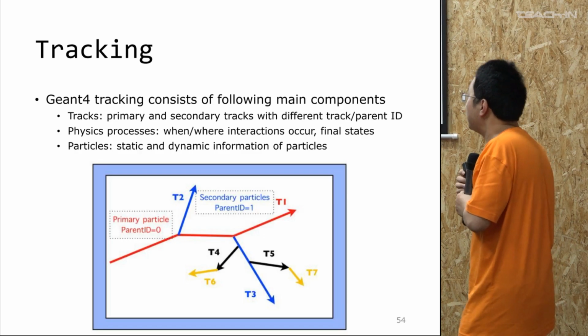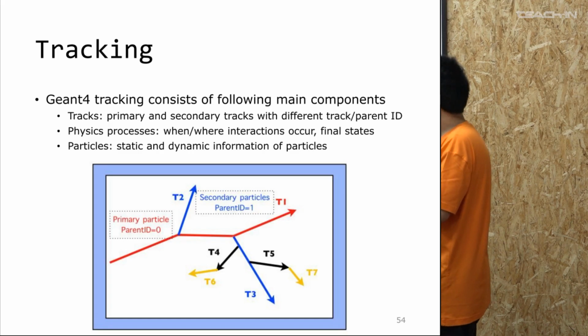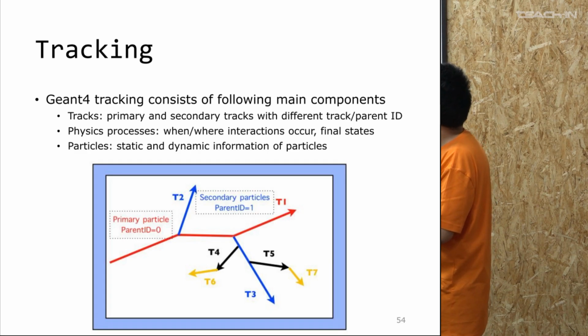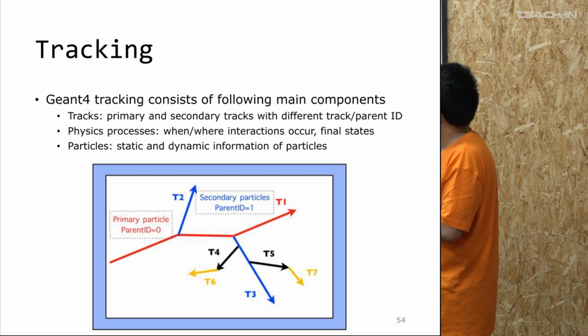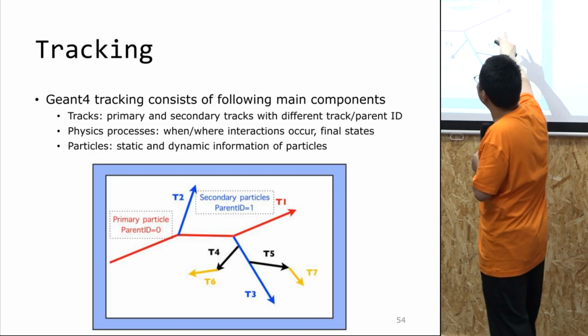Okay, so first I think in Geant4 you need to understand how it works. Geant4 has several main components during this tracking. The first is the so-called tracks. As you see in this diagram, different particles, we can call each a track.